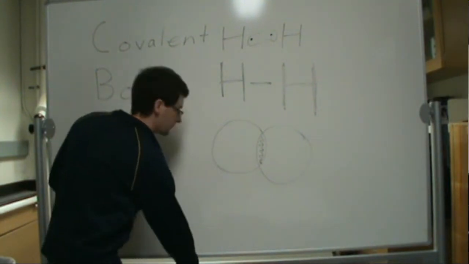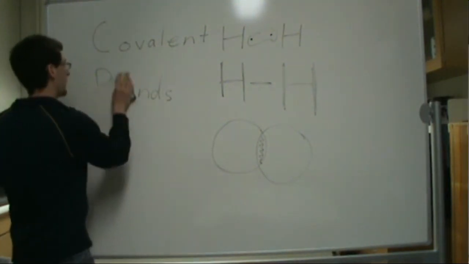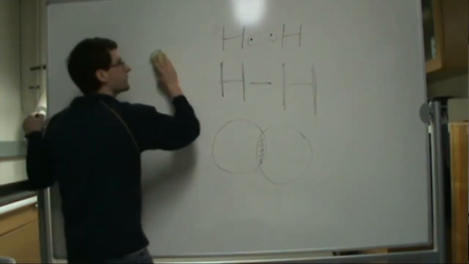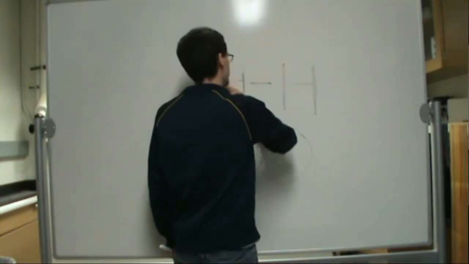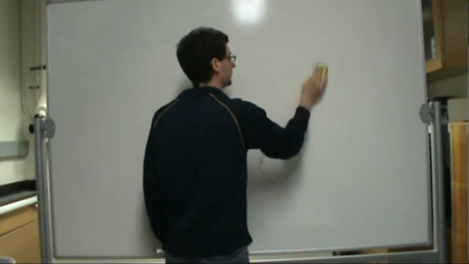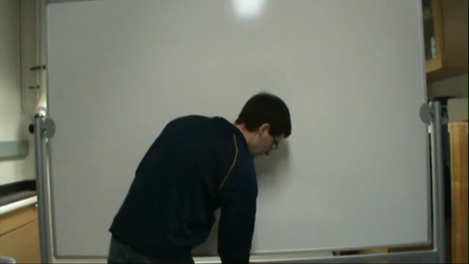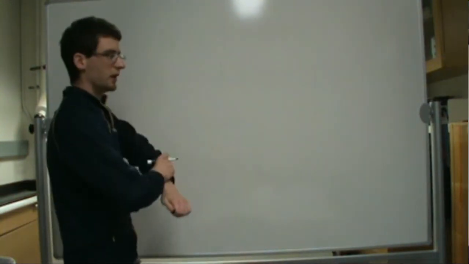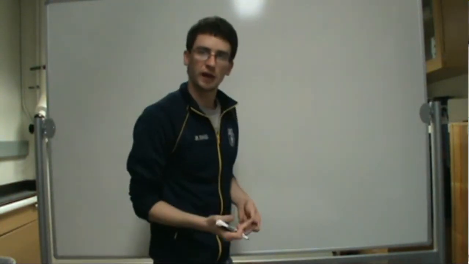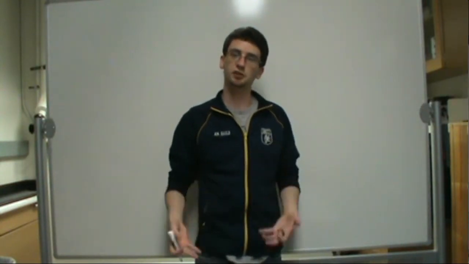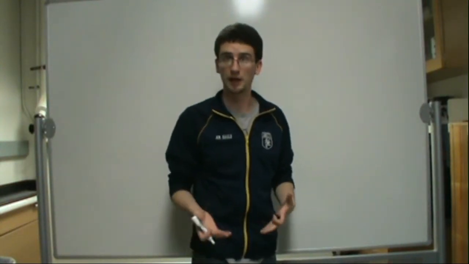Now, let's talk about what is meant by a double bond, a triple bond, and a single bond. And then maybe we'll talk a little bit about hybridization. So, when we get up to larger atoms, let's say we're talking about carbon or nitrogen or oxygen, you can have double bonds and triple bonds.